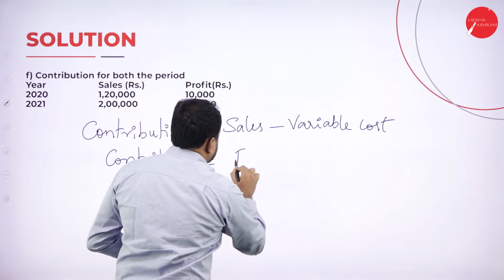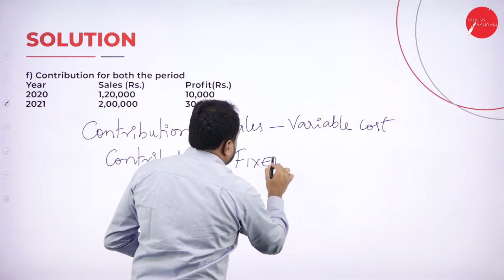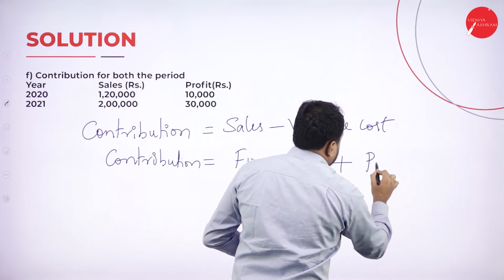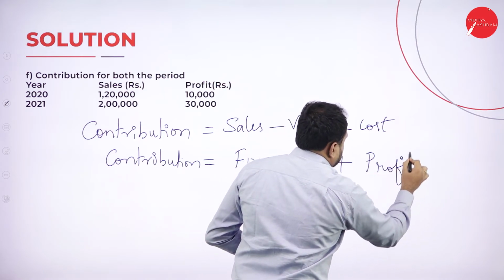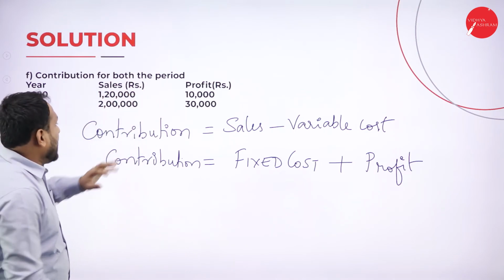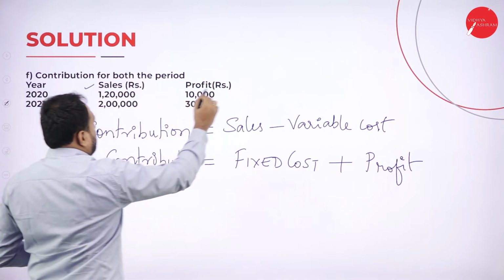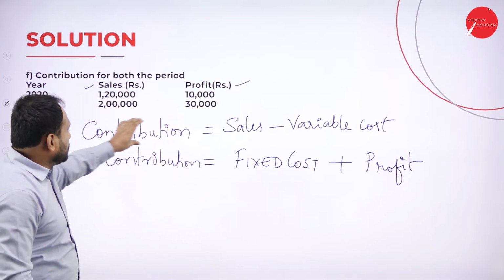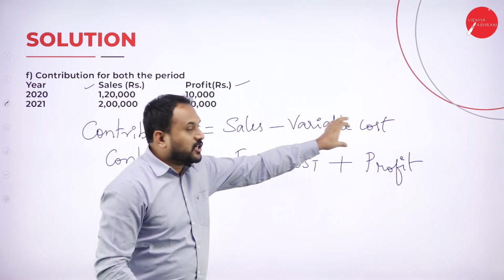Contribution is equal to fixed cost plus profit. So here understand, in this we have sales, we have profit, but we don't have variable cost. So contribution also we don't know, variable cost also we don't know.